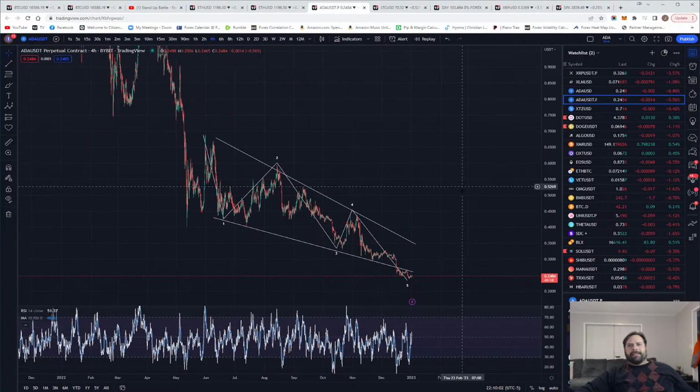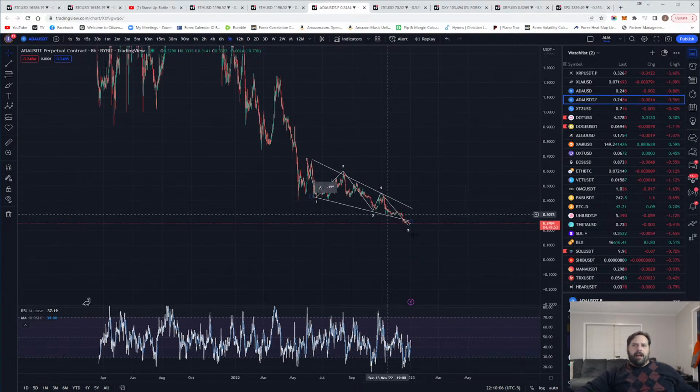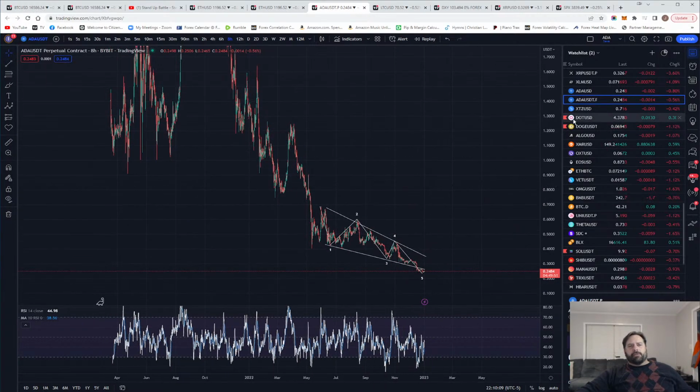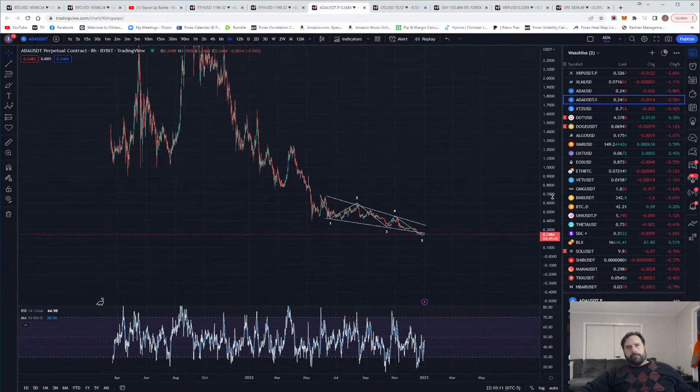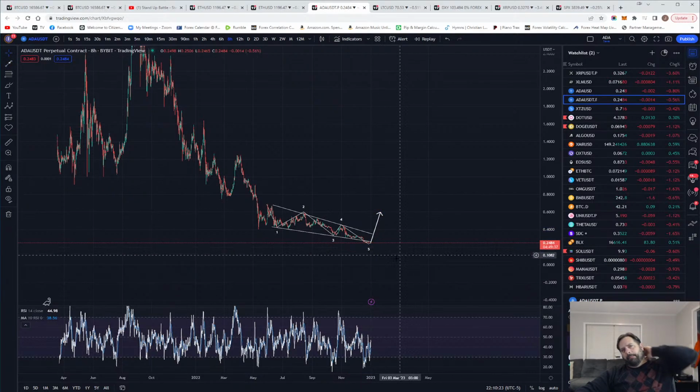Okay? But that's an ending diag on the larger structure. In other words, if it's not finished, it's very, very close to a finishing move. But it looks to be about done. That means I'm looking for some kind of a sharp spike up out of a diagonal back to the upside.